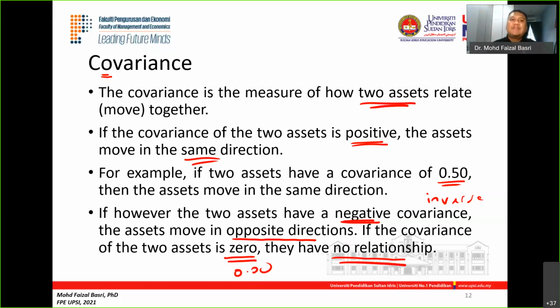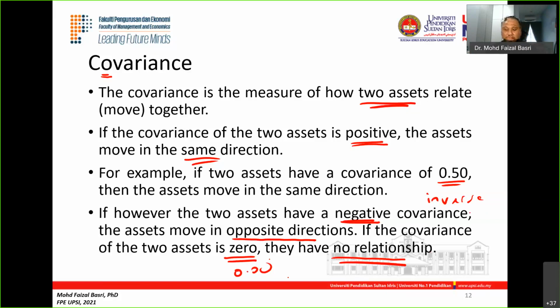The two assets are independent from each other, and there is no relationship in their movement at all. So that's a covariance of 0. By measuring this covariance, we can identify our assets' relationship.